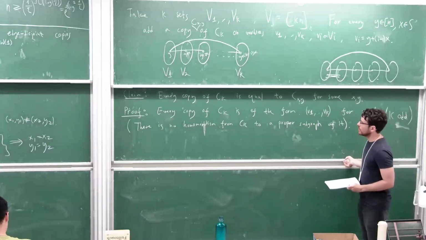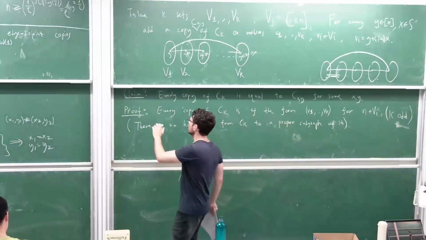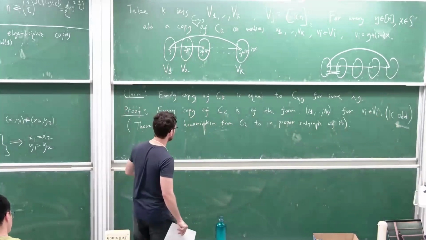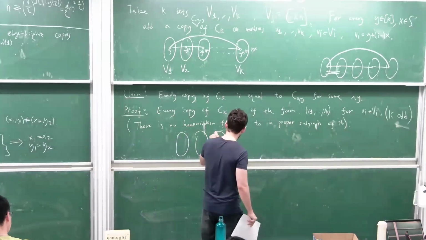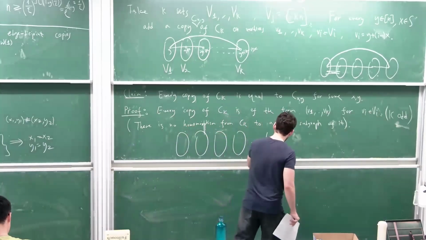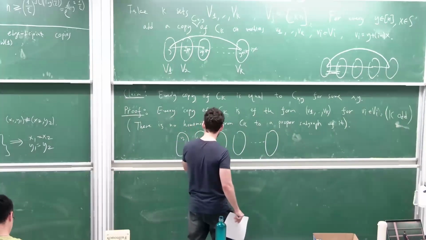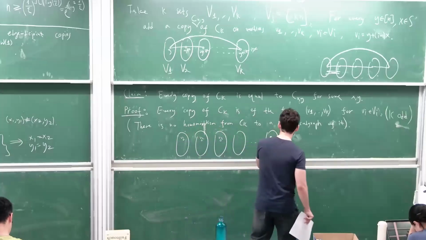Okay. So now suppose we have a copy like this. So we have B1, B2, B3, and so on up to Bk.